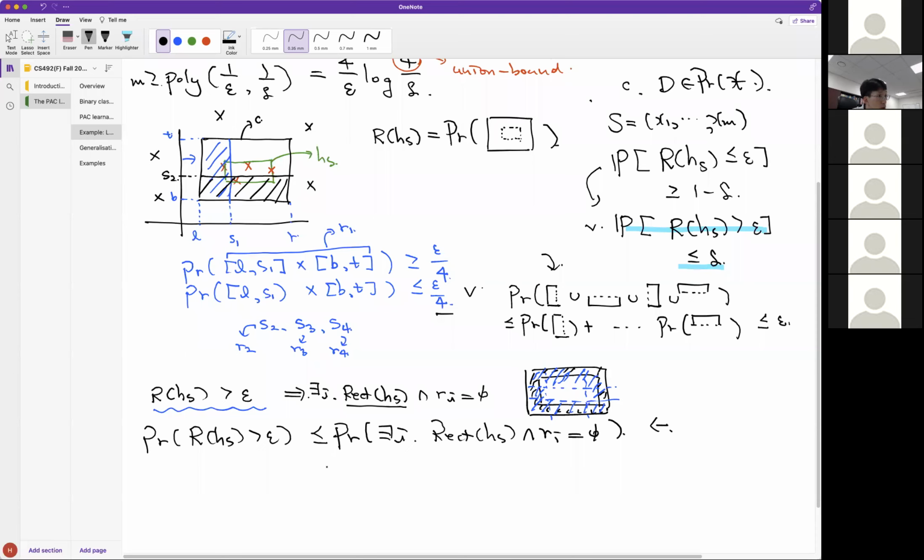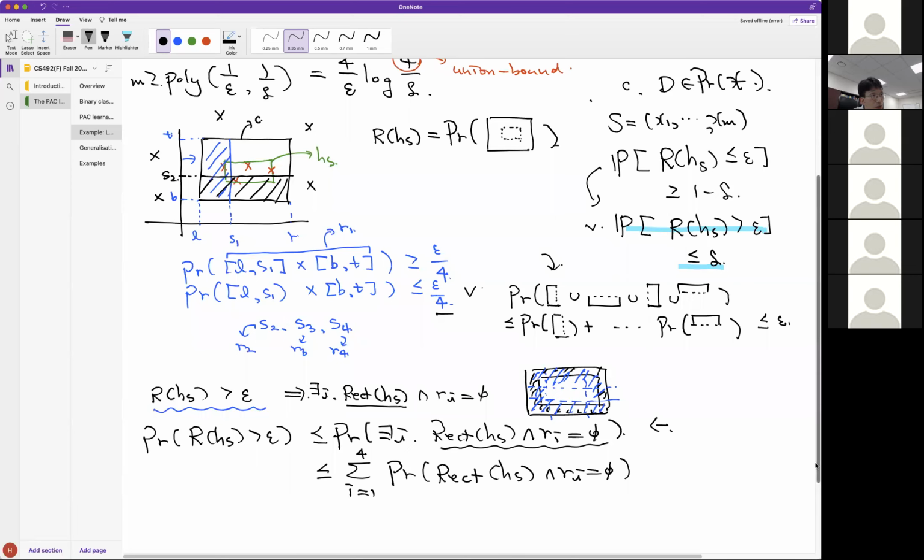Because there are 4 possibilities, we just take a union bound, which means that the probability of the disjunction of these 4 cases is smaller than the sum of the probabilities of each individual case. So it's the sum over i equals 1 to 4 of the probability that the rectangle of H of S intersection Ri is equal to empty.